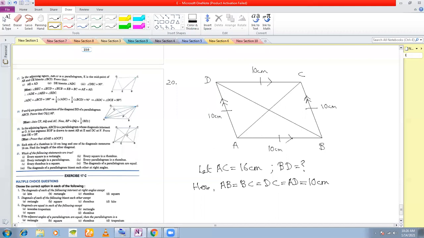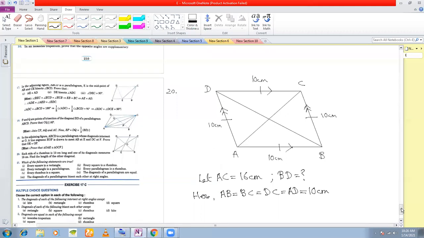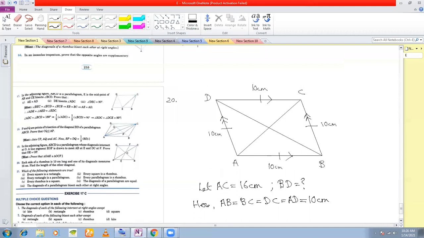So how will you find out the length of the other diagonal? Let me first explain. See that the length of AC we have taken as 16 centimeters, right? So this length must be 8 and this length must be 8, because you know that the diagonals of a rhombus are perpendicular bisectors of each other. So if they are perpendicular bisectors, this angle must also be 90 degrees.